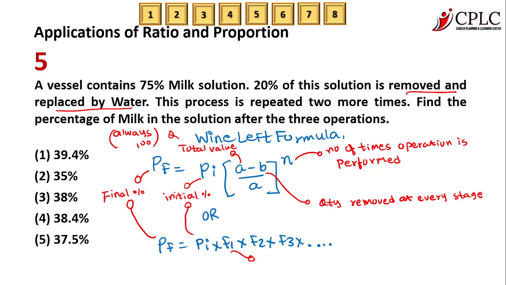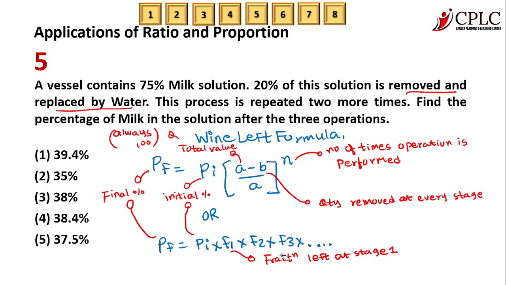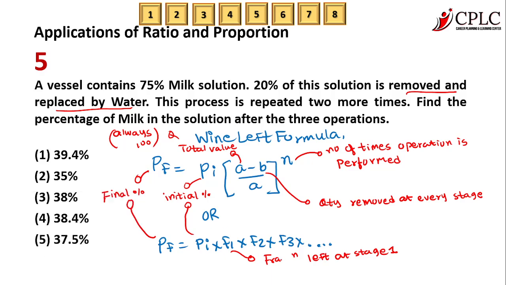What is F1, for example? F1 is fraction left at stage 1. Similarly, what will be F2? F2 will be fraction left at stage 2.